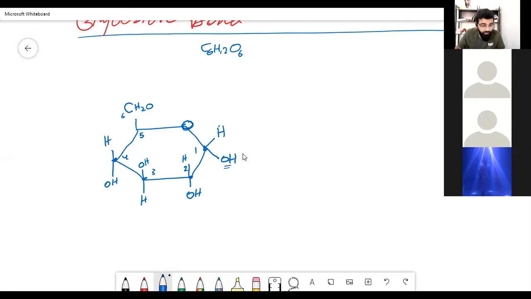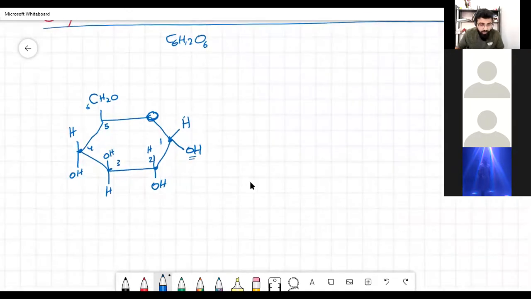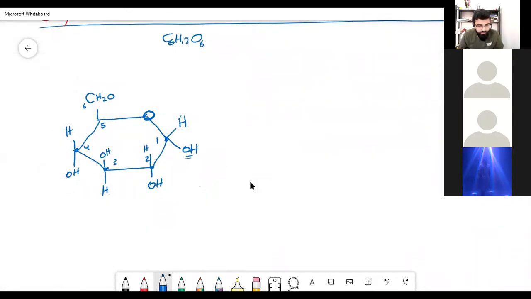The first form. The second form is the same. Look, no difference. Only one difference, but this difference makes a change in its chemical property. Same oxygen here, carbon number 1, 2, 3, 4, and here number 6, CH2OH.